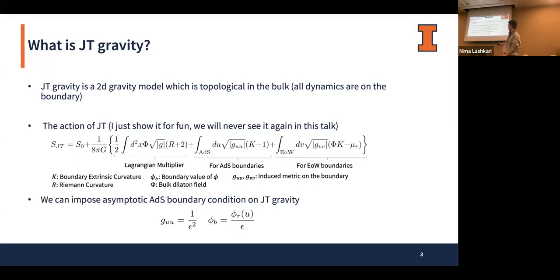The asymptotic AdS boundary condition is basically the Dirichlet boundary condition for both the dilaton and the metric. Sorry, g_vv is induced on the end-of-the-world brane, and g_uu is induced on the boundary. Is that the notation?